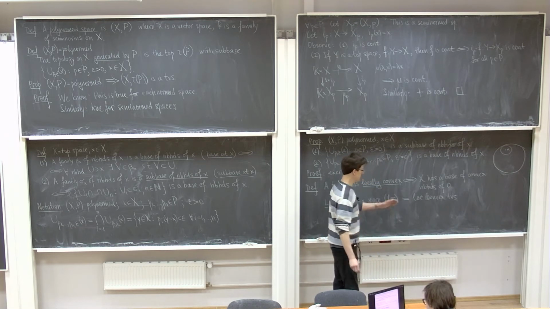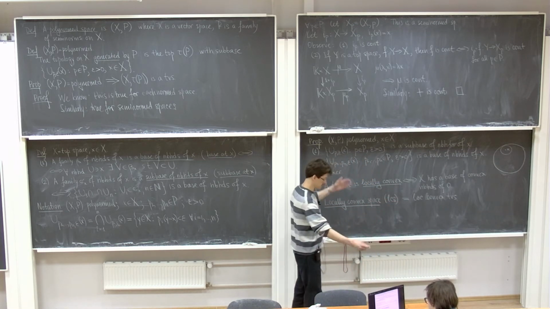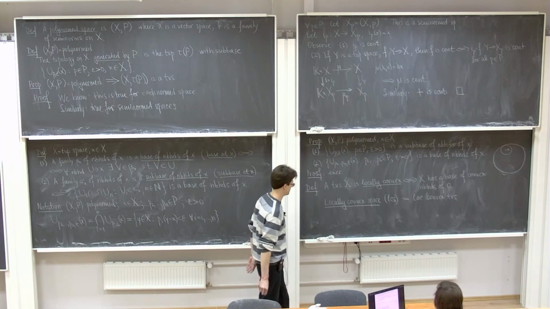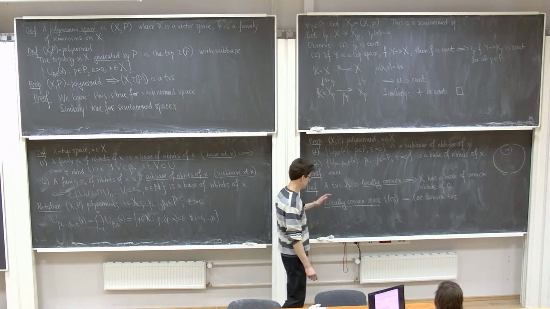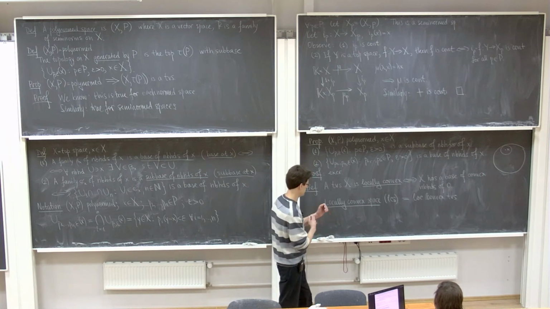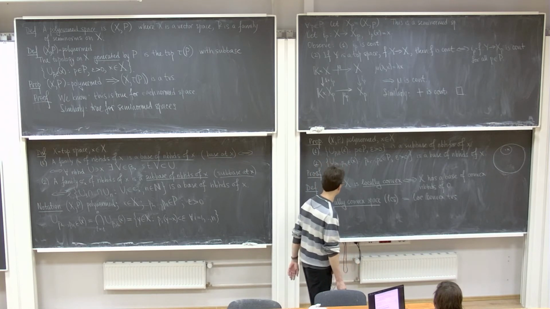The phrase "locally convex topological vector space" is too long. It's not very convenient, so usually people say just "locally convex space," assuming that they are topological vector spaces.